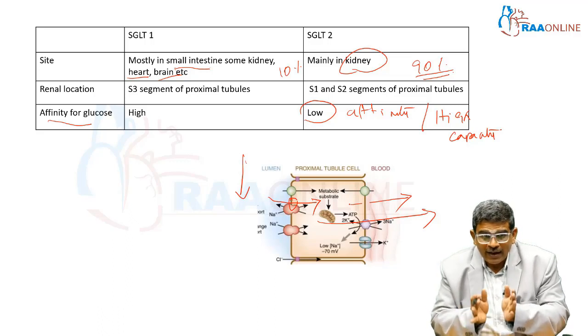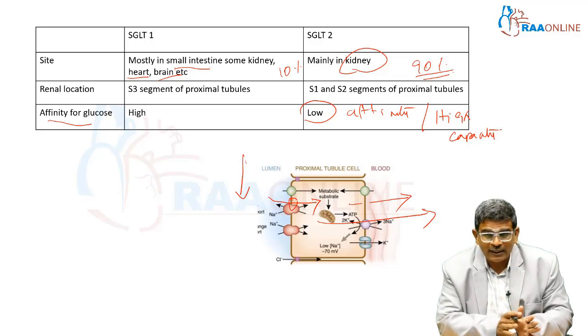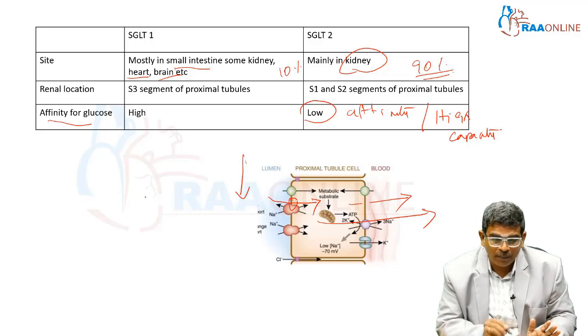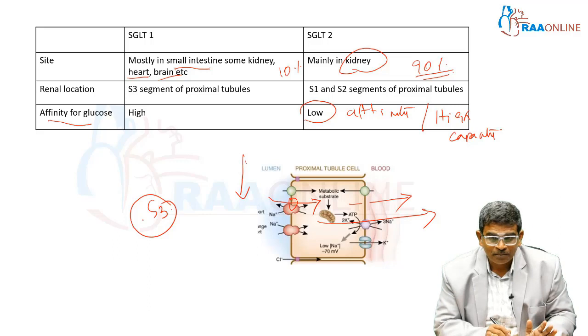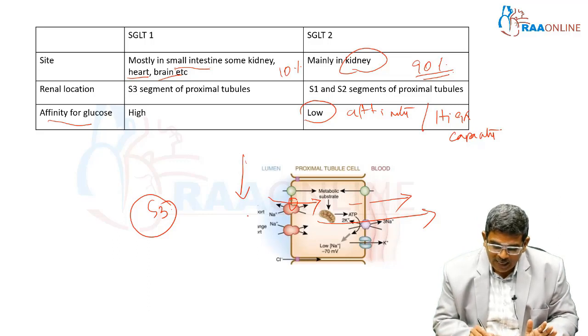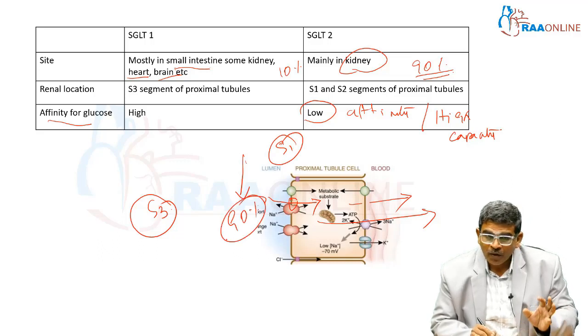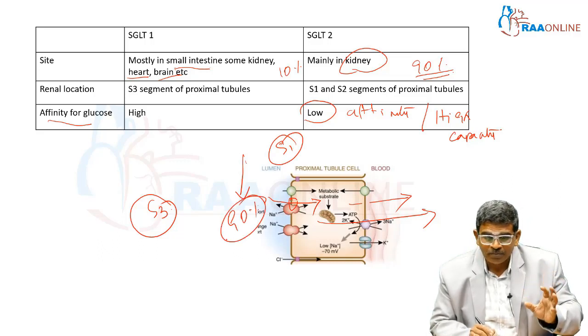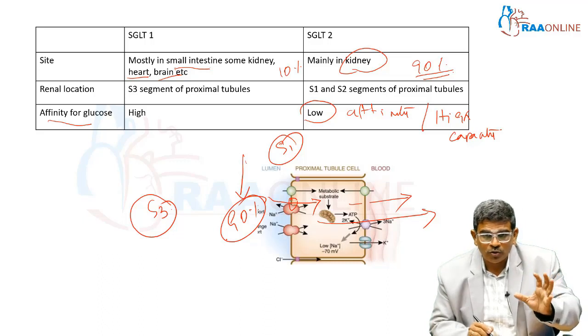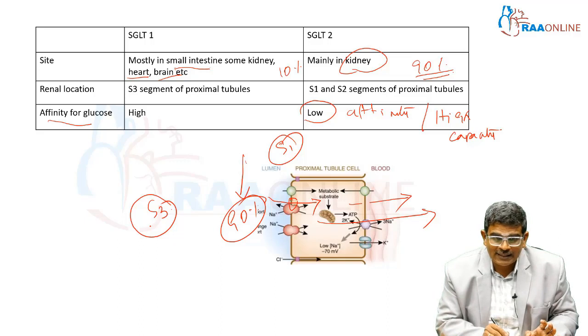Whereas SGLT1, which is present in the distal portion of the proximal convoluted tubule, as we said, is present in the S3 segment. Most of the glucose that has to be absorbed is absorbed only at the level of S1. So 90% of it gets absorbed over there, and only 10% remains. The 10% of glucose that remains in the lumen reaches the S3 segment.